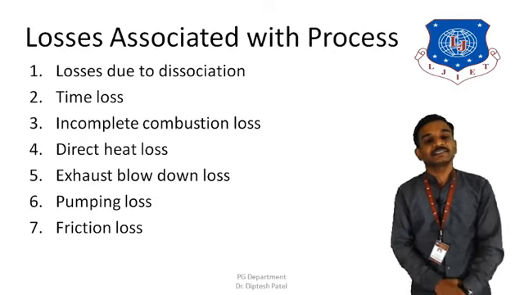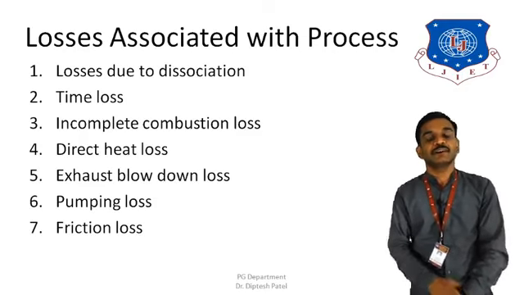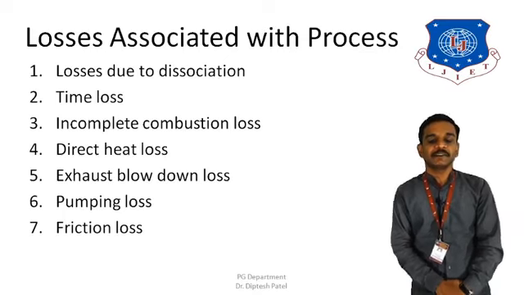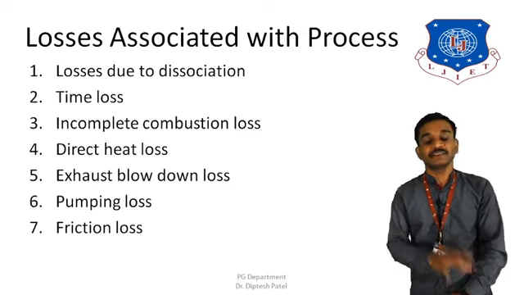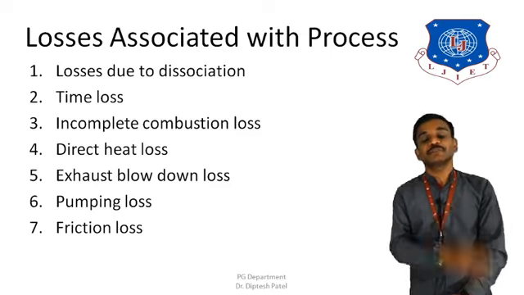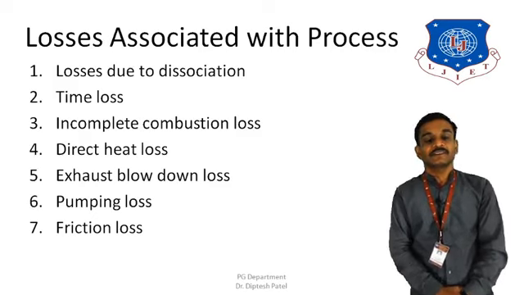Time loss occurs during the initiation of combustion, and that is also considered a greater extent of the losses. Then third one is incomplete combustion loss. We know that there is no possibility that we can achieve 100% complete combustion. There is always a certain portion of the fluid which would remain unburned. So that is also considered a loss.